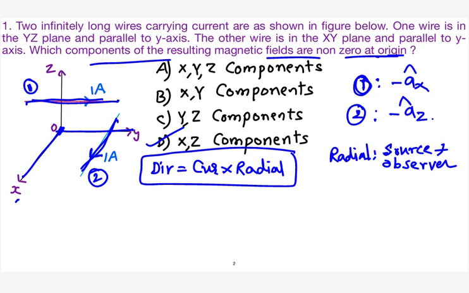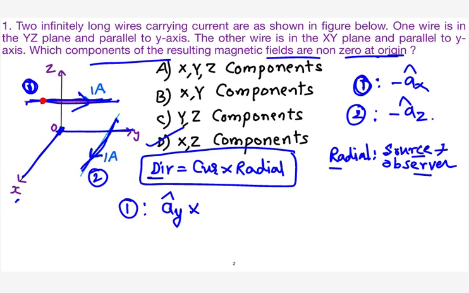Now consider the first current element. The current is flowing along the y-axis, so the current direction will be y. Can you tell me what is the radial direction by considering the first source? I told you, radial means source to observer.